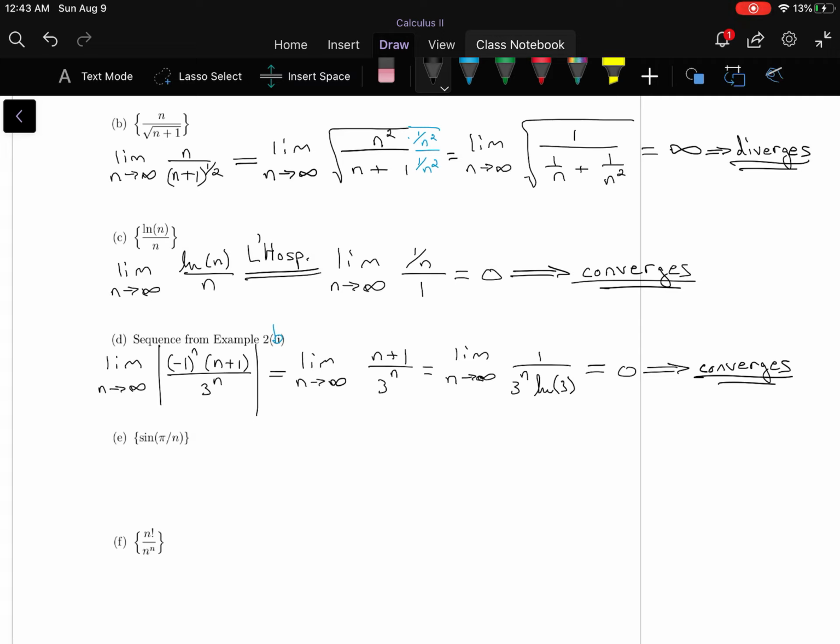In part E, we are looking at the sine of pi over n function. And so here I want to consider the limit as n goes to infinity of sine of pi over n.